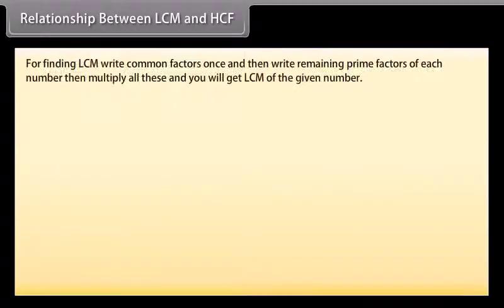For finding the LCM, write common factors once and then write the remaining prime factors of each number. Then multiply all these and you will get the LCM of the given numbers. 510 = 2 × 3 × 5 × 17. 276 = 2 × 2 × 3 × 23.